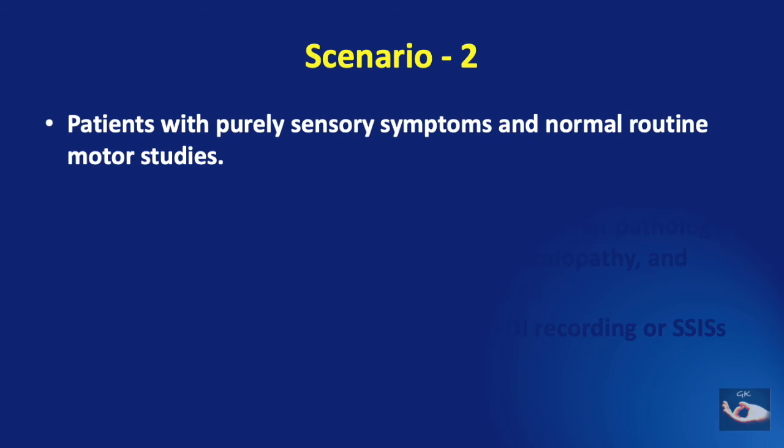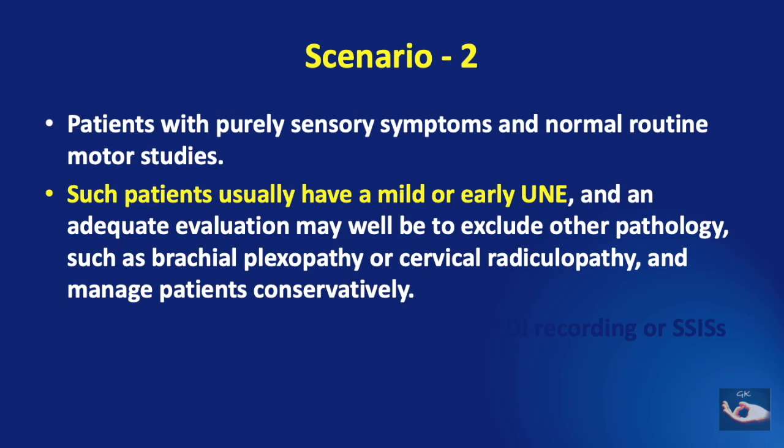A second scenario is when patients present with purely sensory symptoms and the motor studies show a normal pattern. How do we interpret such a situation? Such patients usually have a mild or early ulnar nerve involvement at the elbow, and an adequate evaluation may well be done to exclude other pathologies such as brachial plexopathy or cervical radiculopathy, and manage patients conservatively.